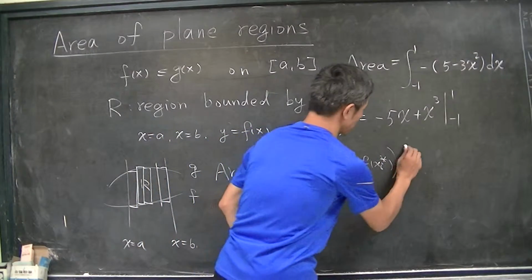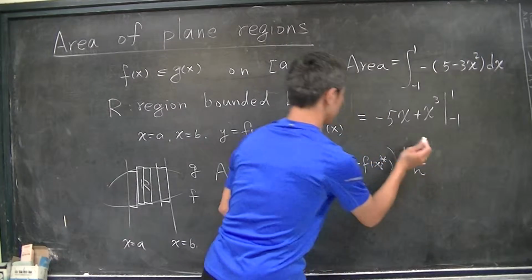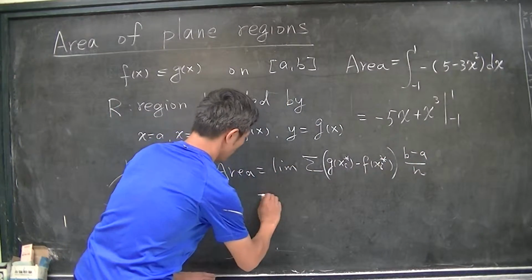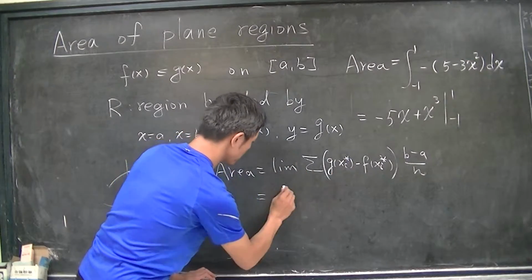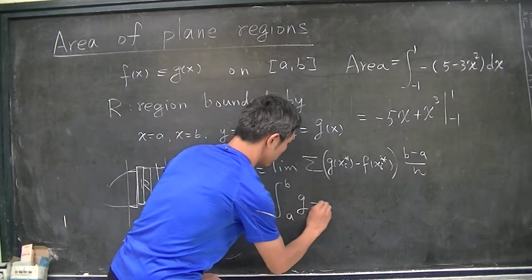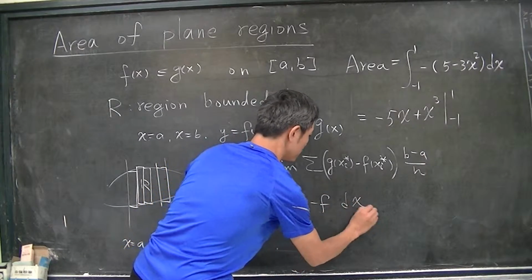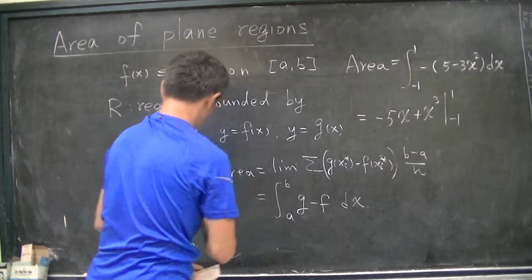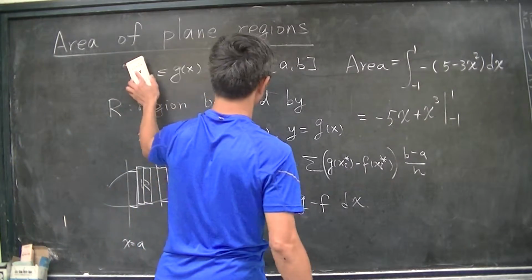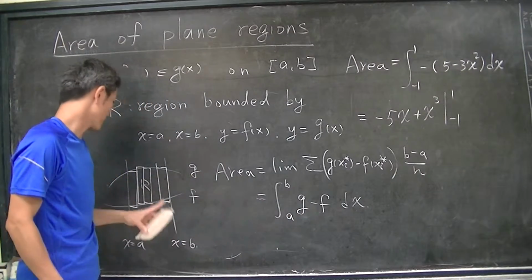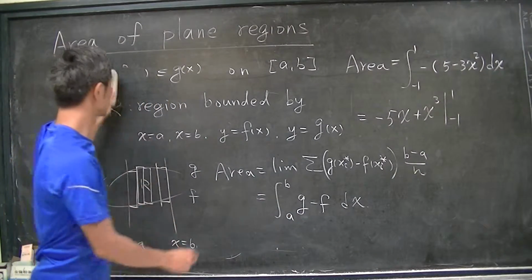The y's are the same. So then, after taking the limit, this term is an integral of the function g minus f. Using this formula, we can compute an area for more general situations.